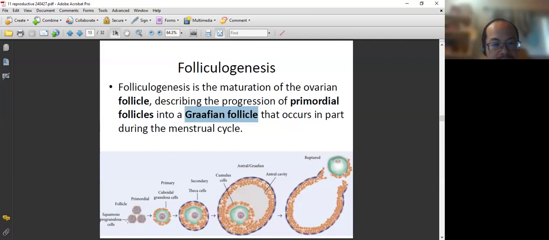These surrounding cells have multiple names. Granulosa cells is one name. And so you have granulosa cells, and you also have theca cells. Some people call it follicular cell, but that's okay. So you have three cells.